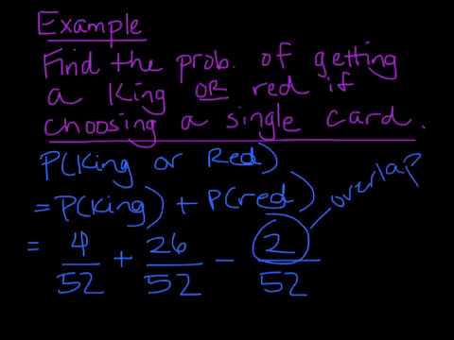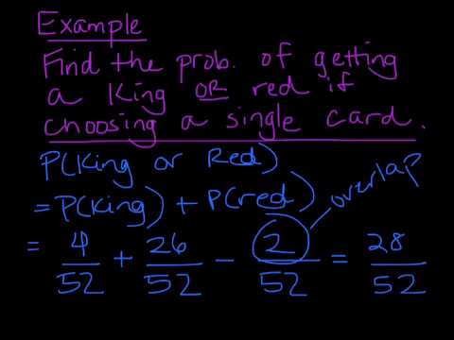Now, if there is no overlap, if there's no way that getting a king and a red can happen, then I don't have to do that, or that end part is 0. So there are 28 ways out of 52 to get a king or a red.